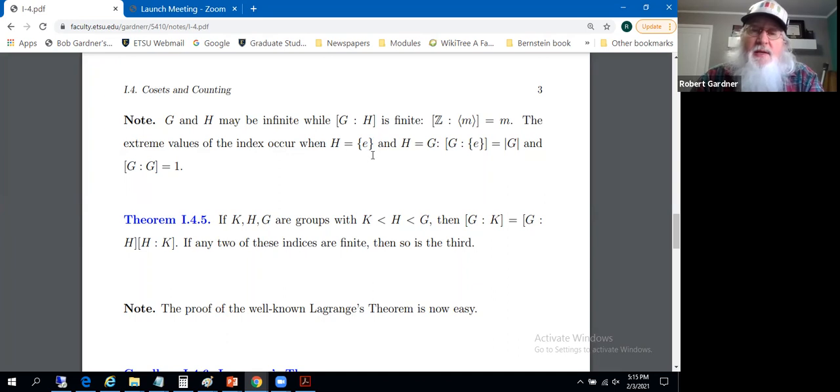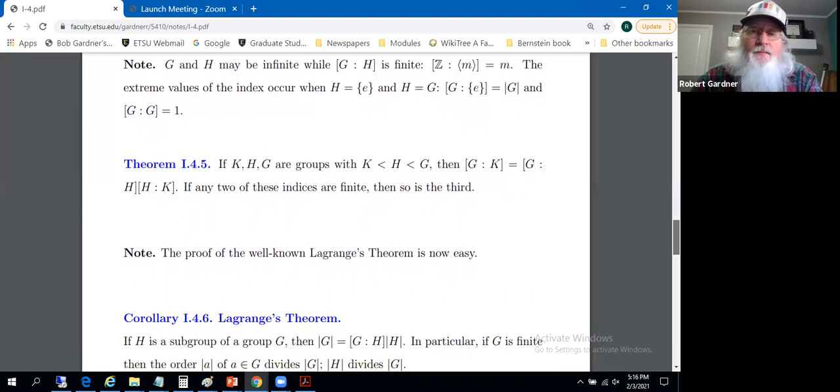If H is simply the identity element, then the index of H in G, I should say, is the cardinality of G. If H equals G itself, then the index of G in G is simply 1. There's only one coset. It's the whole group itself. So these are the extremes in terms of cardinalities of that index value.